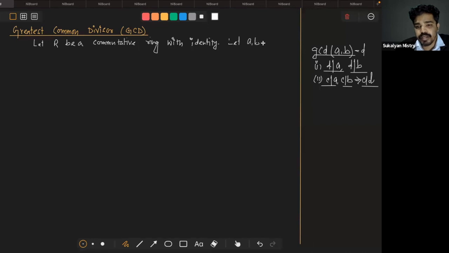Let a, b belong to R such that a and b are not both zero.